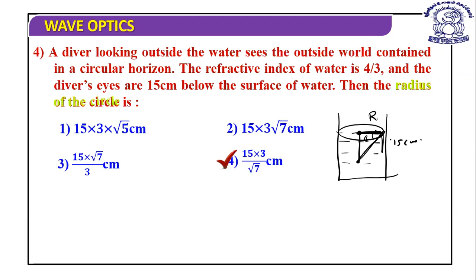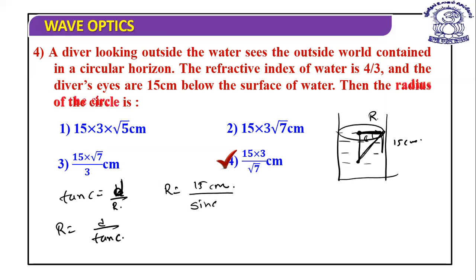So we can write tan C is equal to depth D divided by R. So R is D upon tan C. D is 15 centimeter, divided by tan C, which can be written as sin C upon cos C. For critical angle, we can write sin C is equal to 1 upon mu, that is 3 by 4.